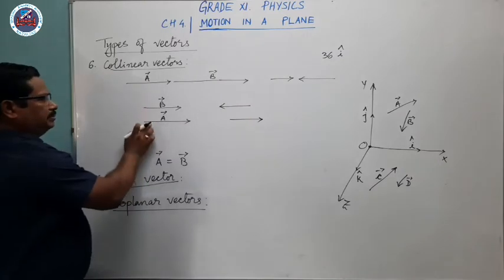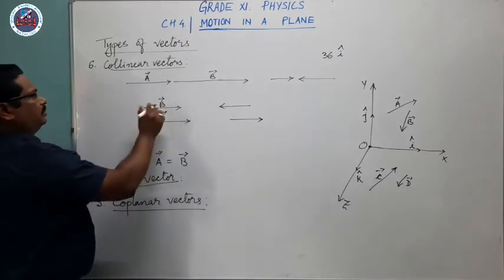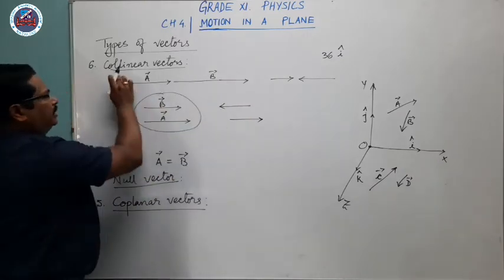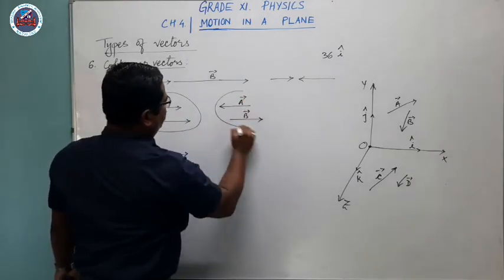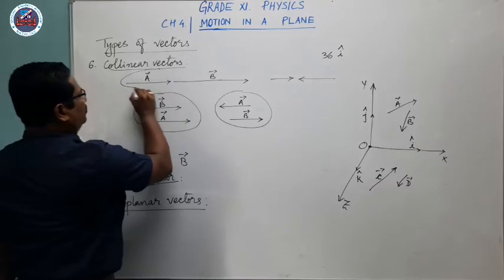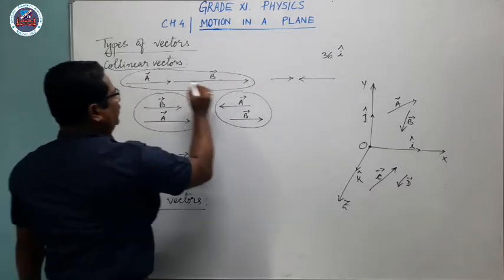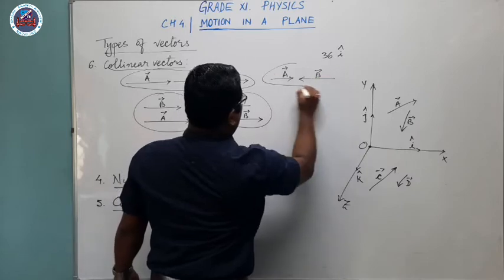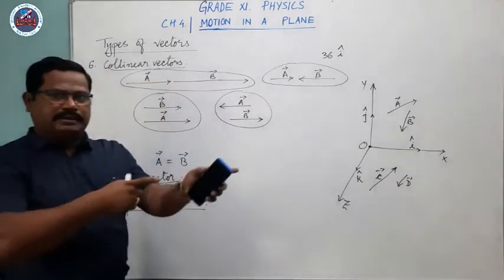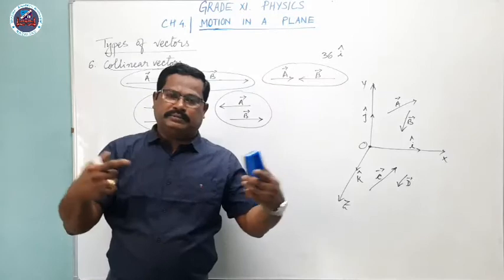And here parallel. So all these vectors, this is one set of collinear vectors, this is one set of collinear vectors, this is one set of collinear vectors, and this is also one set of collinear vectors. So it must be along the same line, pointing whichever side it may be.